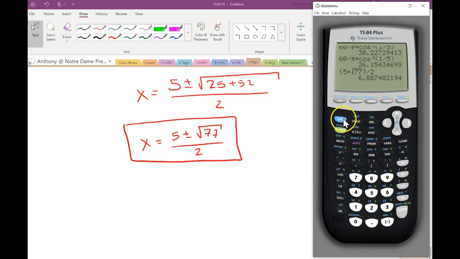So that's one answer. And my second answer I can get by pressing second and enter, and then just going back and editing the plus into a minus. So my second answer is -1.88, and so on. So I am getting 2 answers there. I'm just writing it in a really compact form. Everybody okay with that?